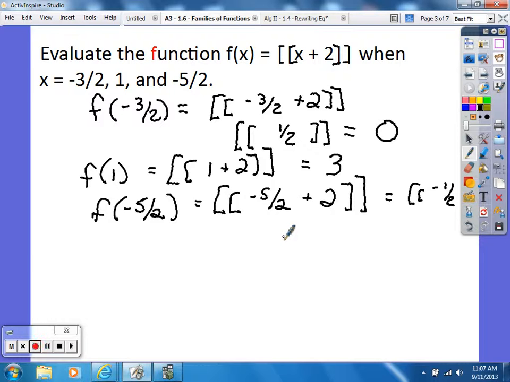What number comes right before negative 1 half? There's the answer. Okay? So now that we can evaluate that, we're going to learn how to graph it. If I'm rounding down from negative 1 half, rounding down would be negative 1.